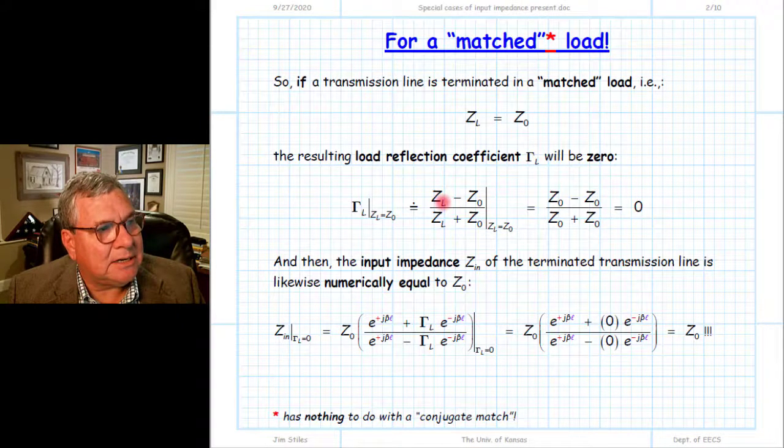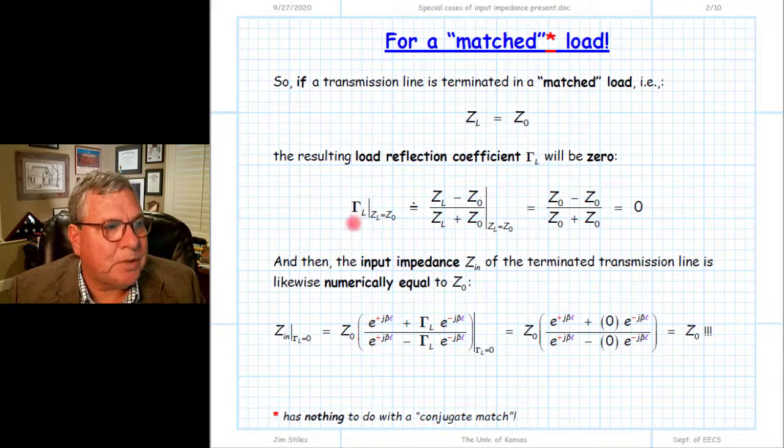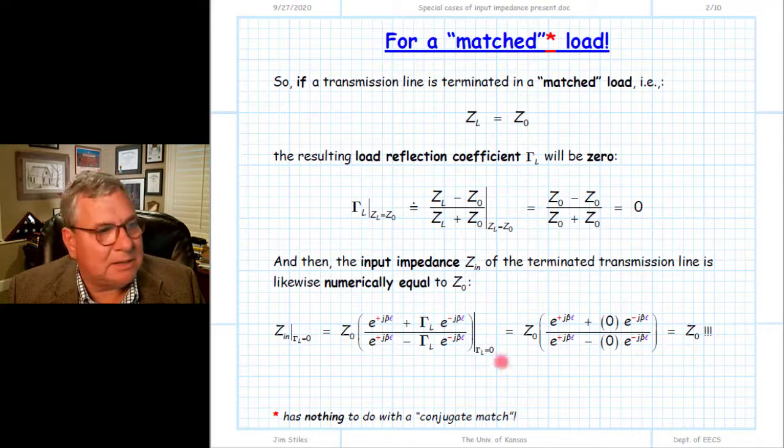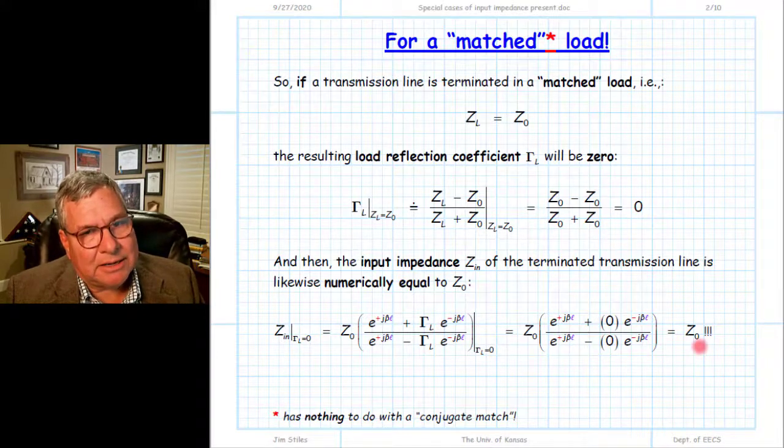We insert ZL equal to Z0, and right away we see the numerator is 0, and therefore the resulting gamma L, the load reflection coefficient, is 0. We go back and look at the result for the input impedance and insert the value 0 for gamma L, and what we find is this term becomes 1.